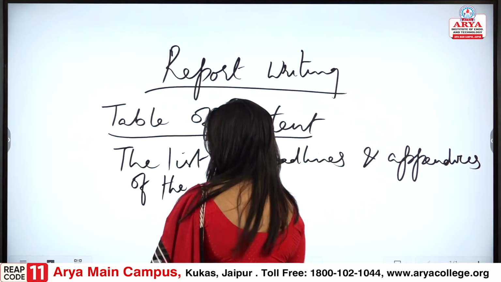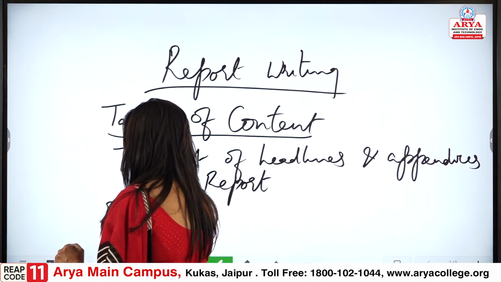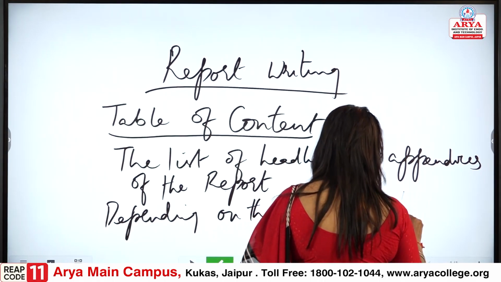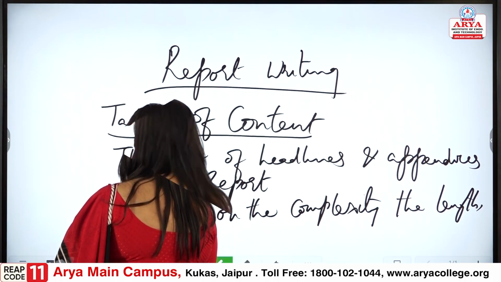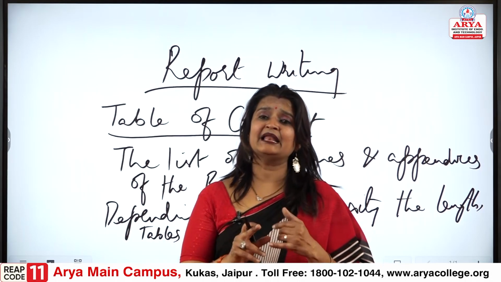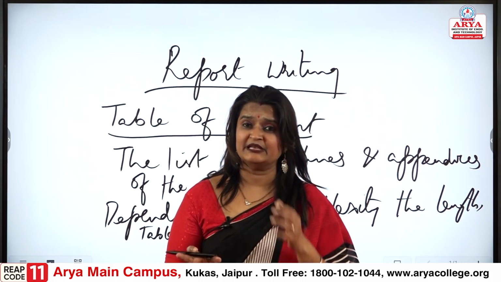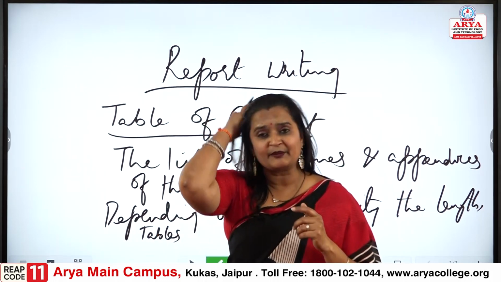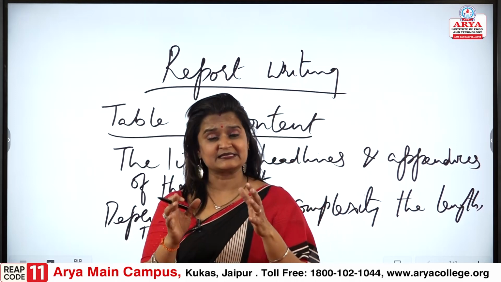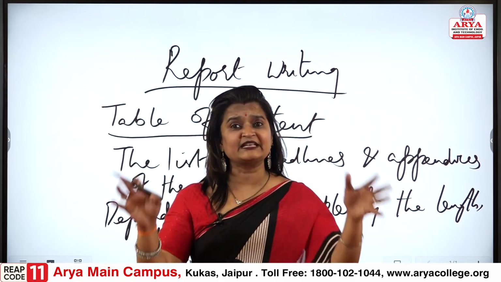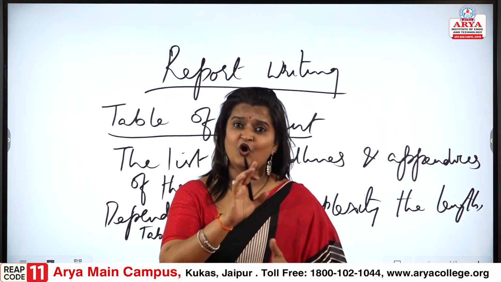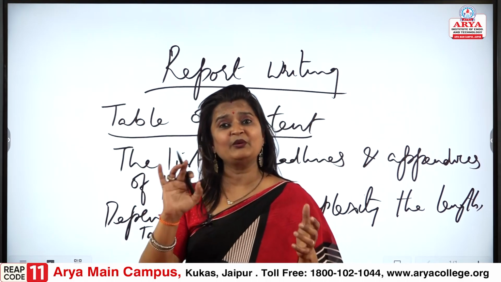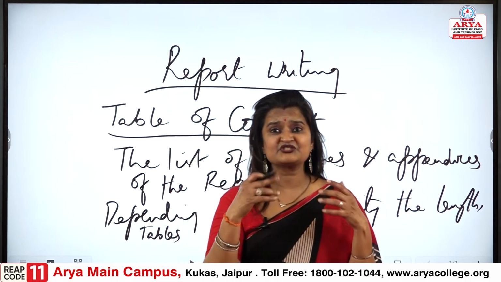Fine. Depending on the complexity and the length of the report, there are the tables. Some things are in tabular form, because when we are sharing a report, there may be things where we need to show a table of the observations or what we want to share.